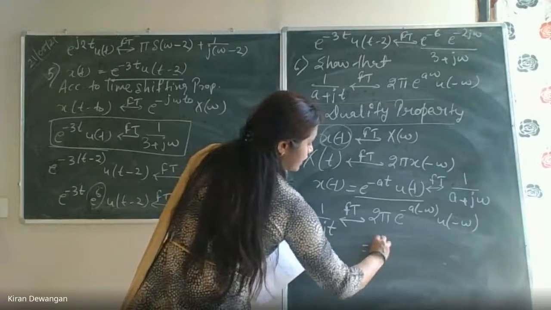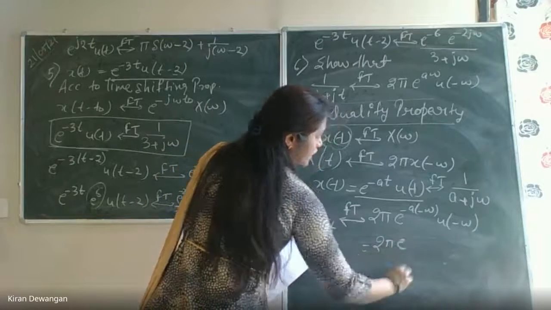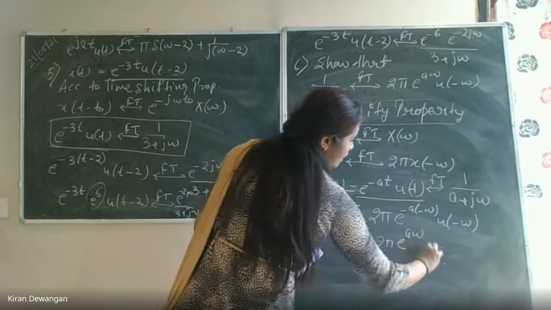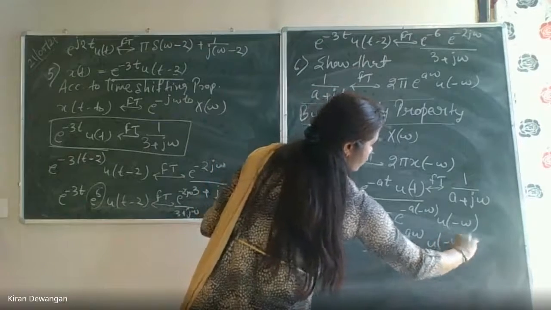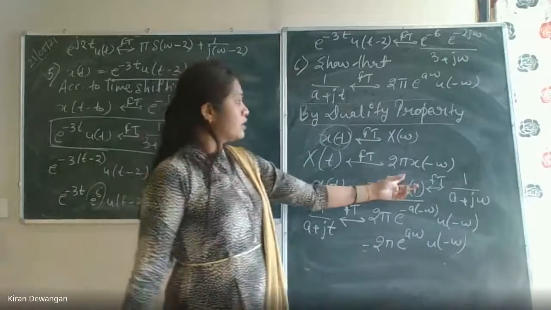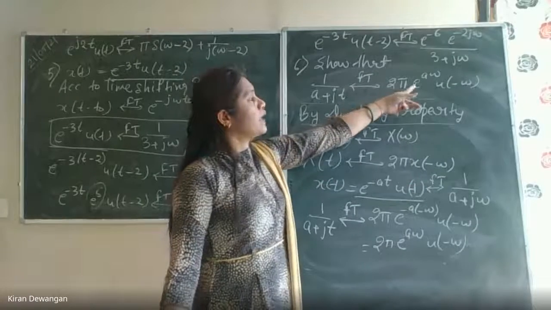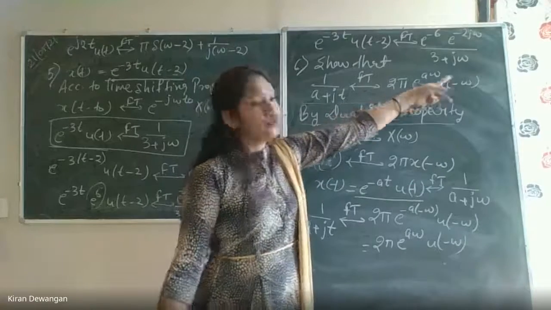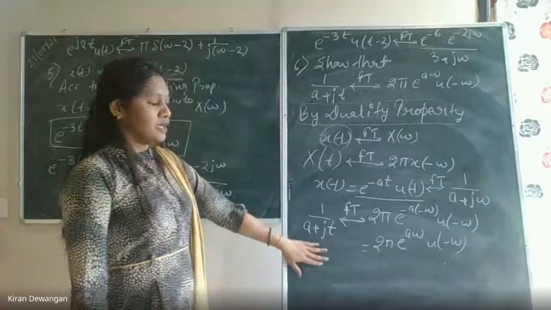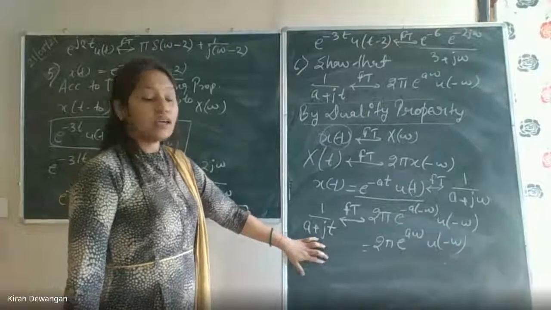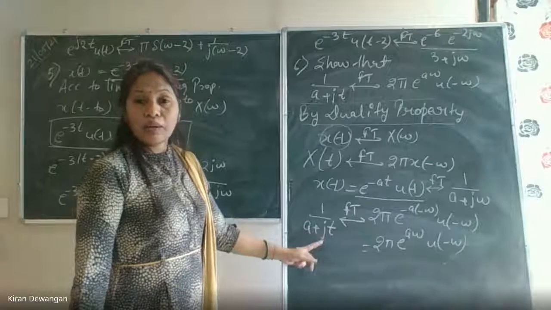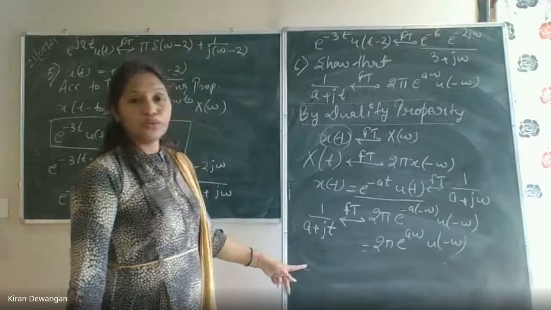And what is it? It is 2 pi e to the power a omega u of minus omega. Now this is what it is asking us. And here we have got it according to the duality property. So here we are making use of the duality property to solve this one.